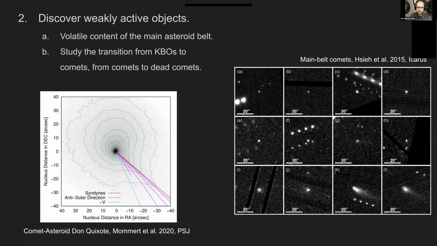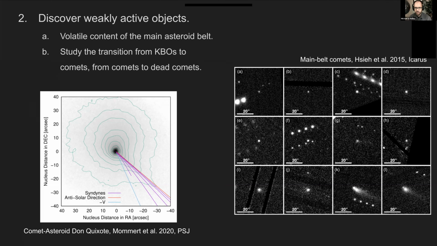And under some circumstances, that water ice can be made available and they turn into comets. So we're finding them at a rate of about 1 to 2 per year, but maybe in the LSST era, they'll go up an order of magnitude, which would be really interesting to study.